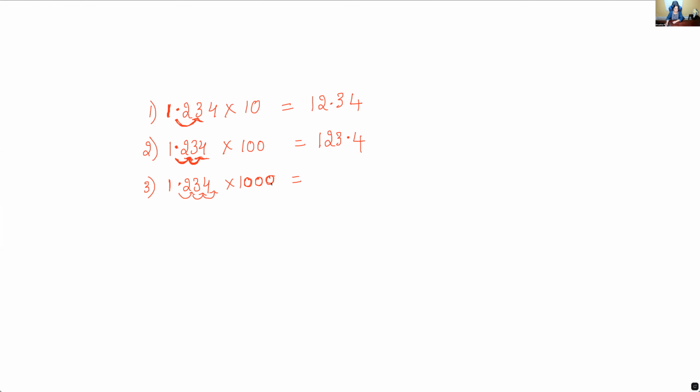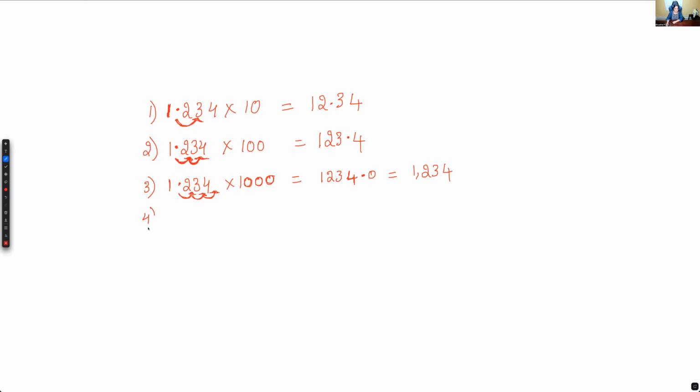So we can write it as 1, 2, 3, 4. Because we moved three places, you'll get a point here, which we can write as 1234.0, or just we can write it as 1234. Okay.